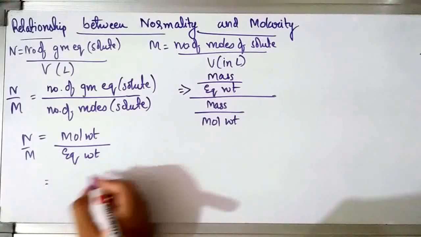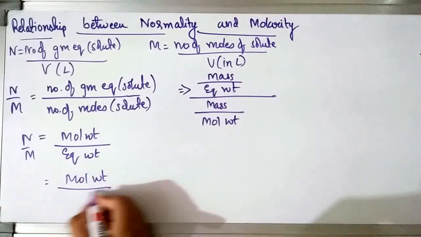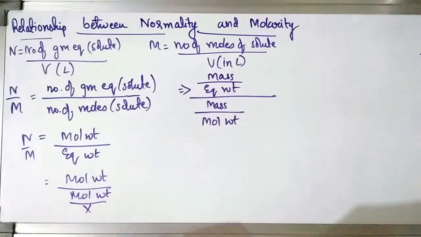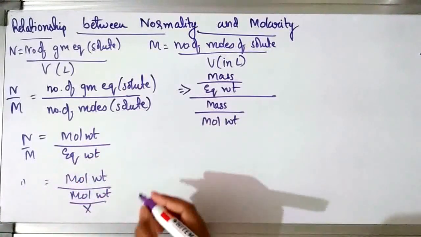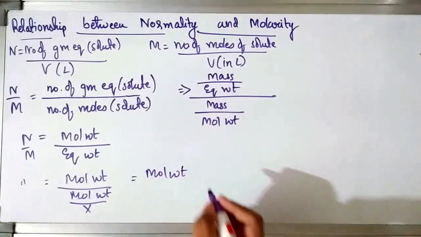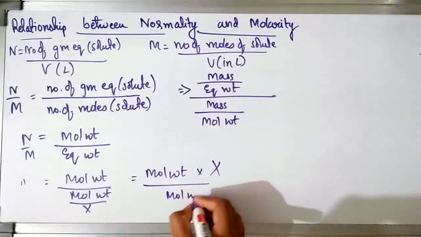Now in place of equivalent weight we can put the formula. We know that equivalent weight is equal to the molecular weight upon X, the valence factor. So it becomes molecular weight into X by molecular weight.